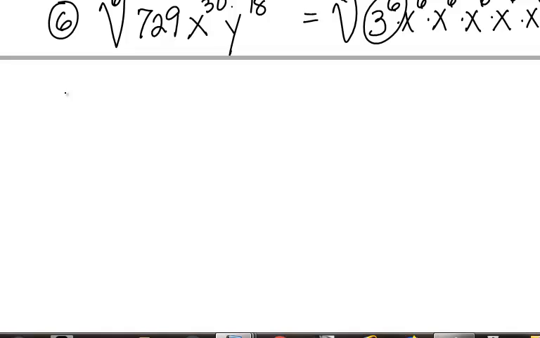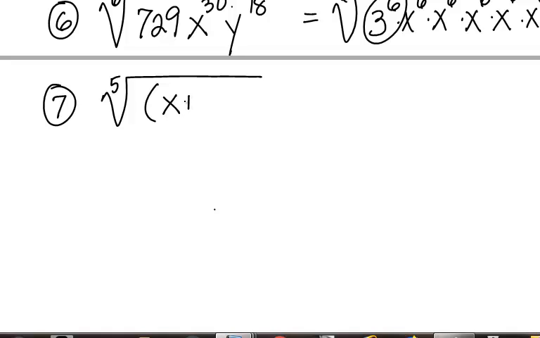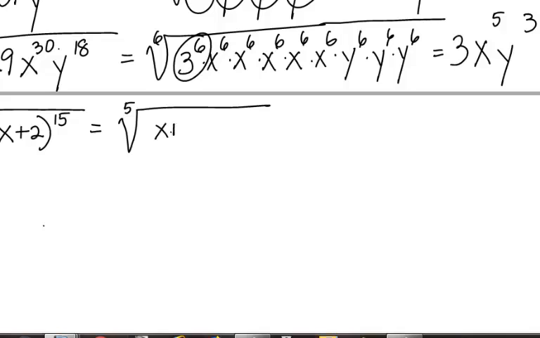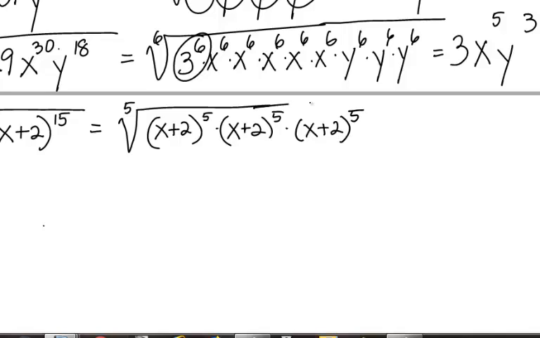Good? Then they will throw in a polynomial. So you have the 5th root of the quantity x plus 2. That quantity is to the 15th power. You're still saying the quantity to the 15th, so you could look at the 5th root of x plus 2 to the 5th, x plus 2 to the 5th, x plus 2 to the 5th, so x plus 2 to the 3rd.